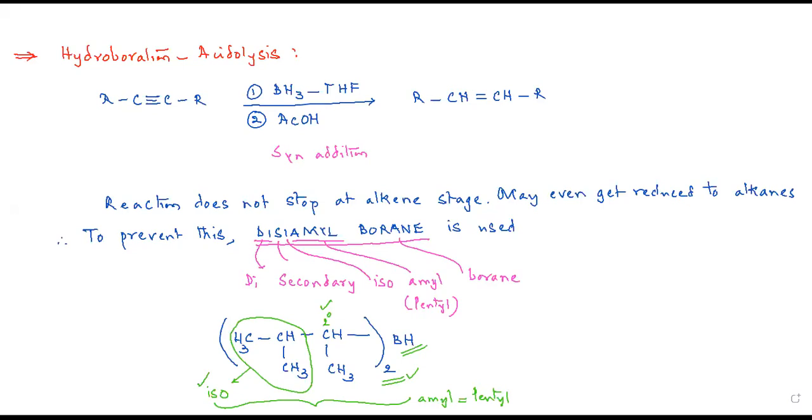I mean to get alkenes, which do not further get reduced to alkanes. No further reaction with the disiamylborane. I'll show you why, taking the mechanism. Okay.